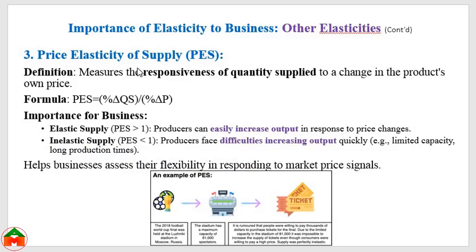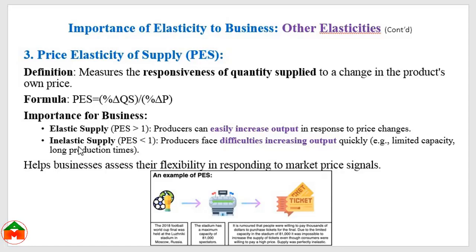Now we are going to discuss the price elasticity of supply. This price elasticity of supply indicates the responsiveness of the quantity supplied due to the changes in price. In case of elastic supply, the producers can easily increase the output due to the change in price.